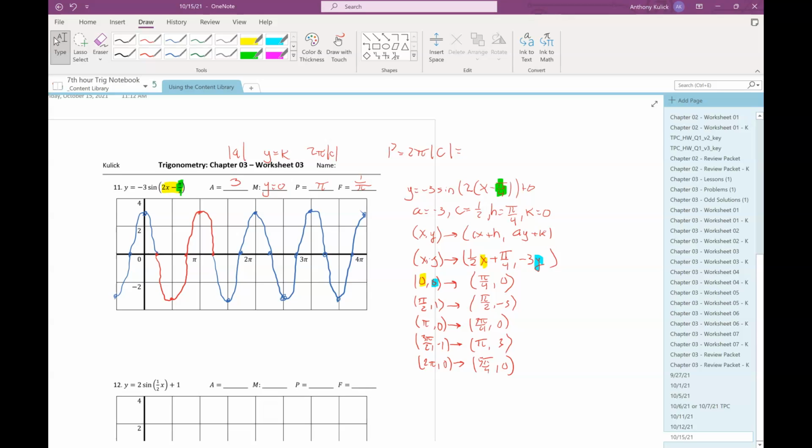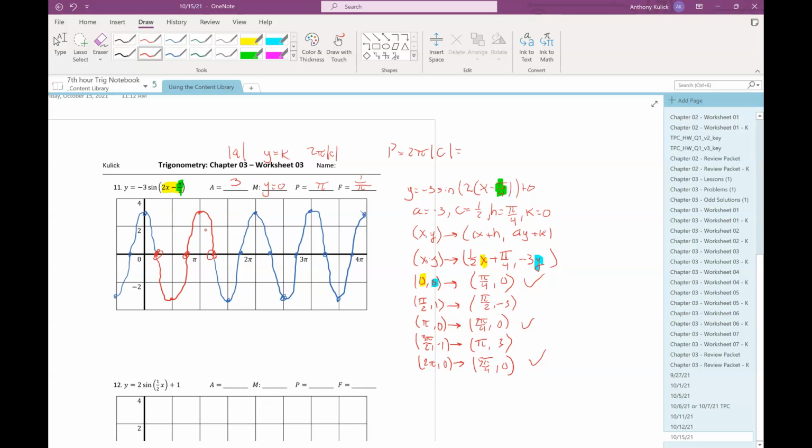Rami? Why are there more zeros, or more points on the midline than are plotted on the right? Well, I have 3 midline points, and then 3 midline points. So what's in blue? That's just me extending the graph. That's more periods.